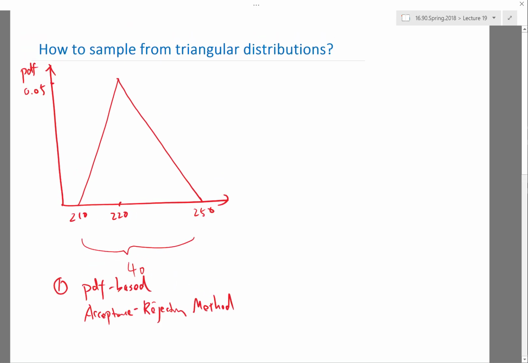The second is actually not based on the PDF but based on the CDF. So what is the CDF of this function? Let me draw. X is still the delta V, right? 210 to 250. So what's the CDF of this function?